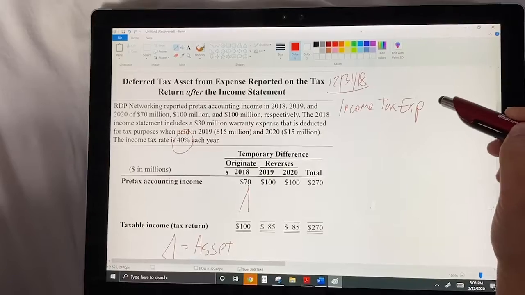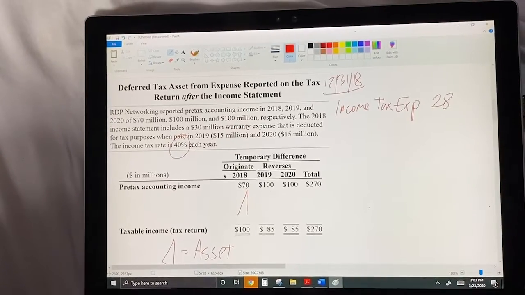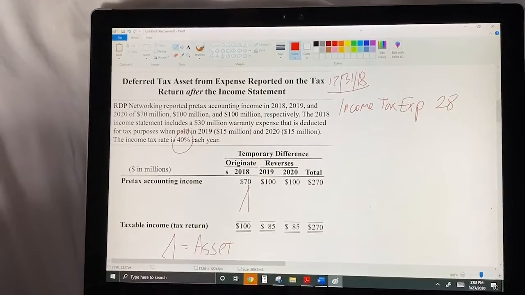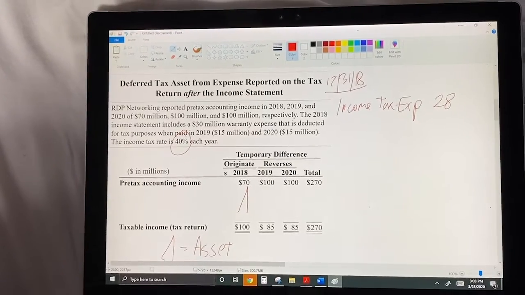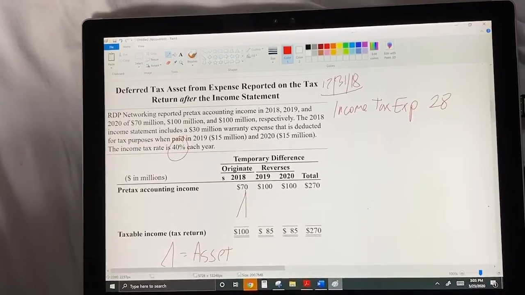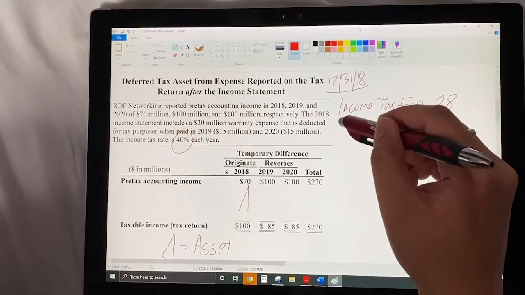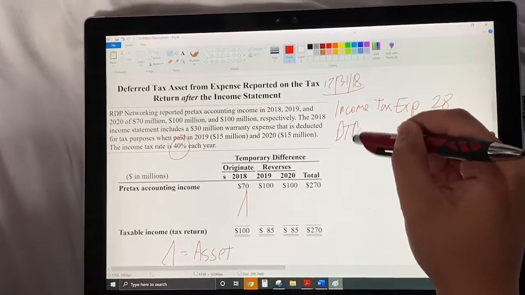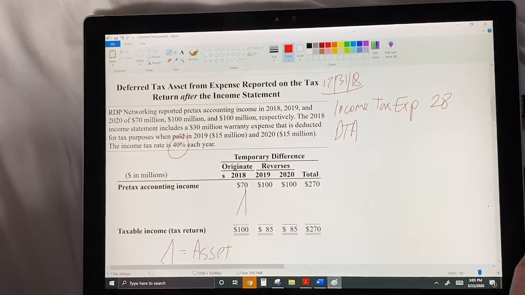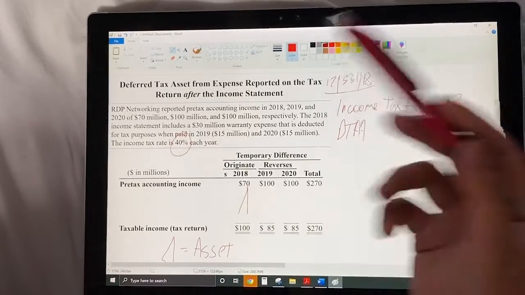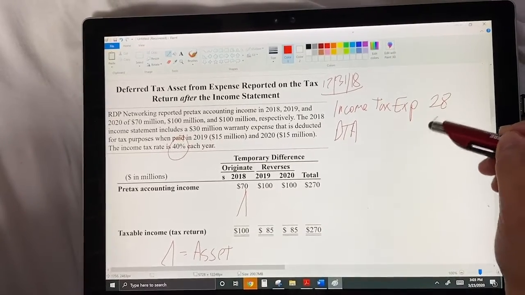So that will be 28. And then deferred tax asset, which normal balance? It is a debit balance. So deferred tax asset is over here, but what is it? It's going to be the difference. So 100 minus 70 is 30. 30 times the 40% is 12.